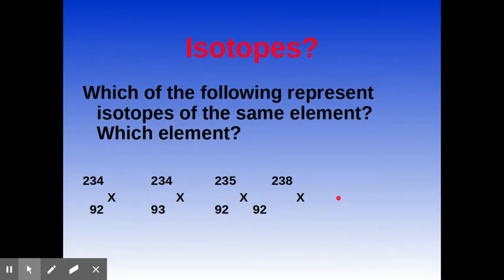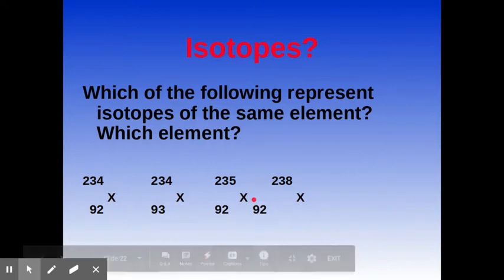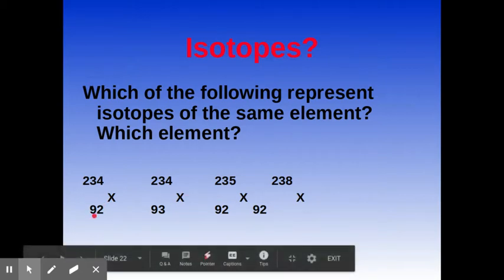So which one of the following represent the isotope of the same element? If you're looking at all these, and again, this 92 should be right over here. It's a little wacky. So if it's the same element, they should all have the same number of what? That's right, protons. So this number at the bottom is the number of protons. So 92 protons, and this one has 93, so they must be different things.